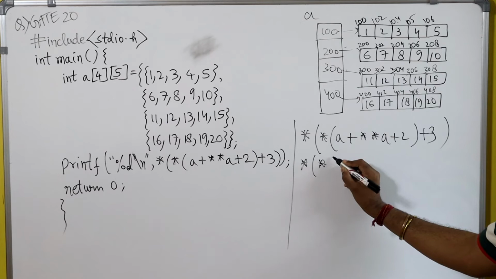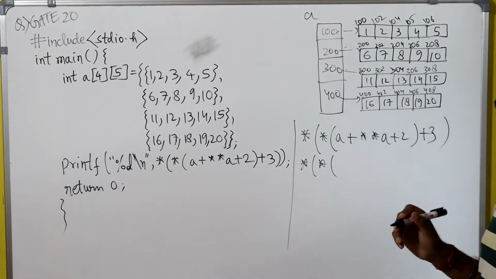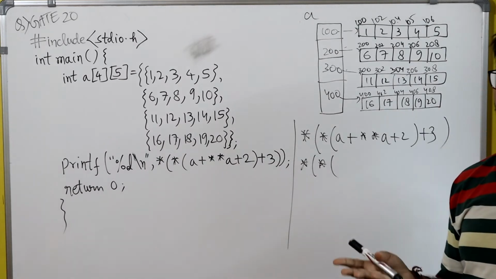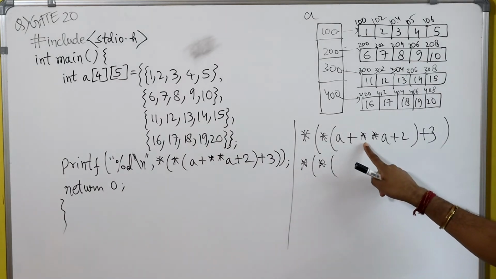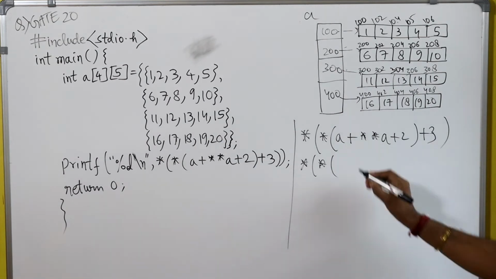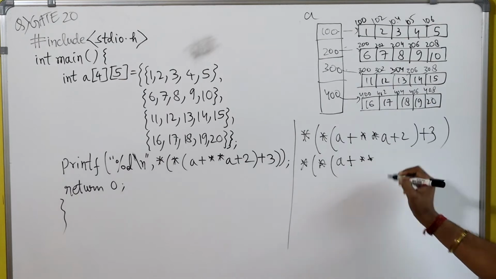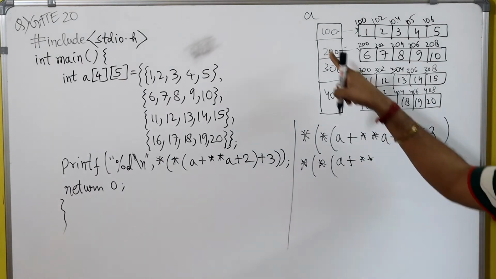Star, star. Also, let me tell you that the star has higher precedence than the plus operator. So this star has higher precedence than this plus and this plus operator, and will be calculated first. So A plus star star of A. What is the value of A?